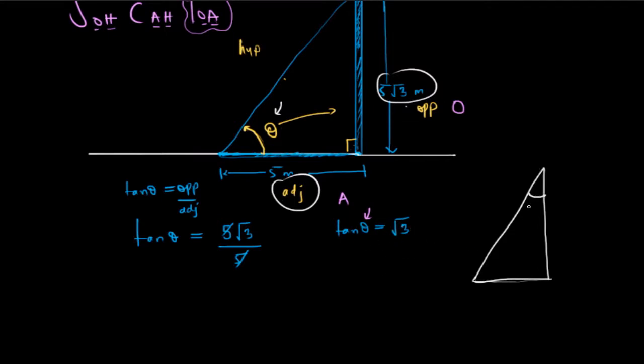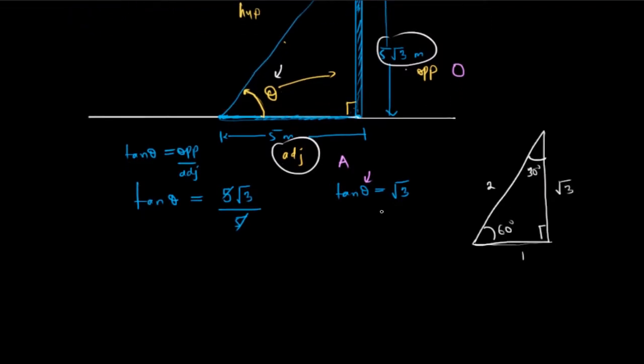This is 30 degrees, this is 60 degrees, and this is 90 degrees. Here is 1, here is 2, and here is the square root of 3. The question says: the tangent of what angle will give me the square root of 3?